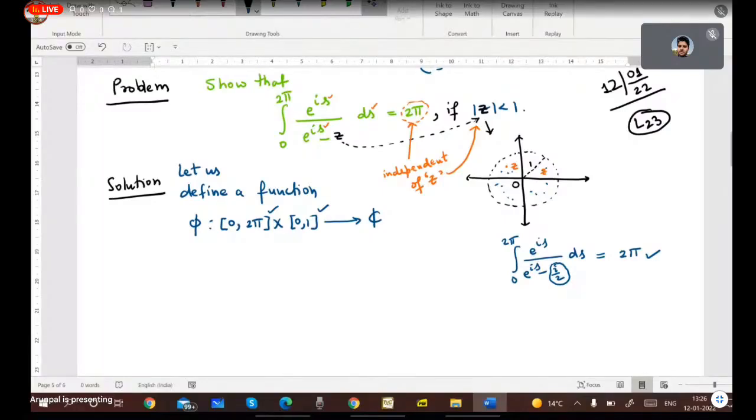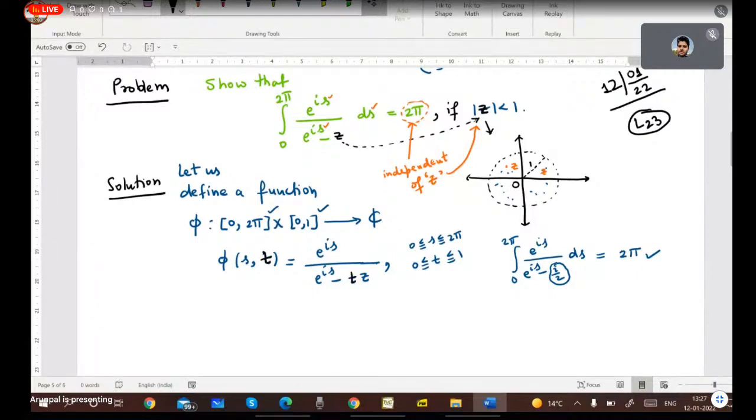Let us define a function like this. The value of phi at s comma t is equal to e^(is) divided by e^(is) minus tz. Needless to say, what is the range for s? The range for s is this, and the range for the parameter t is this, right? So we have defined it very intelligently.